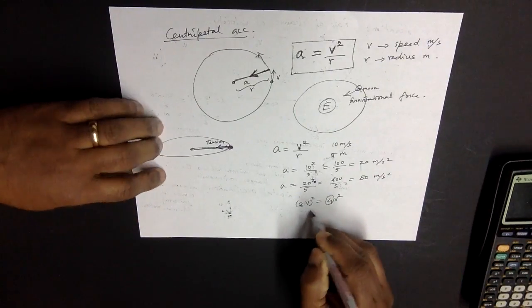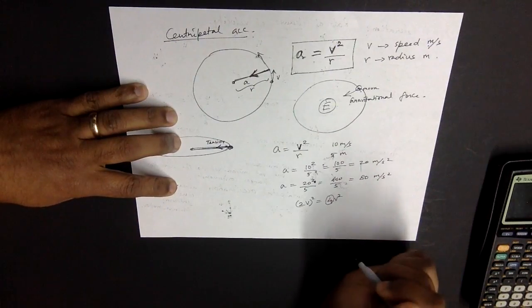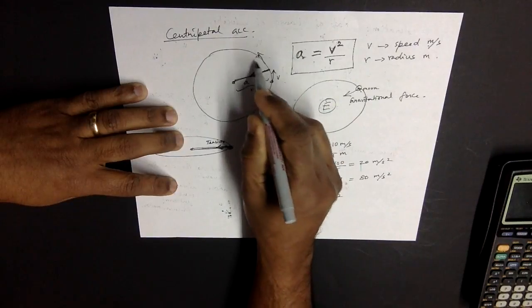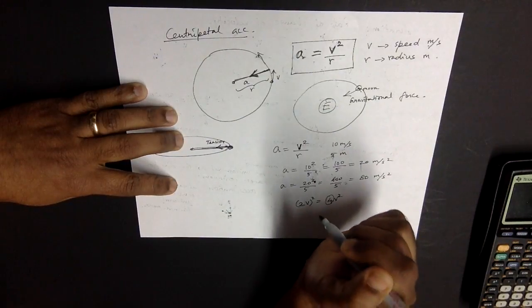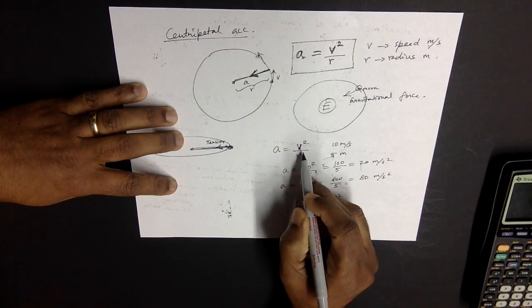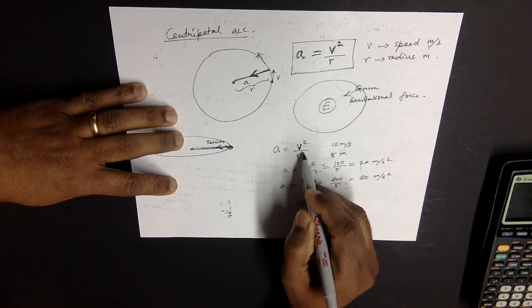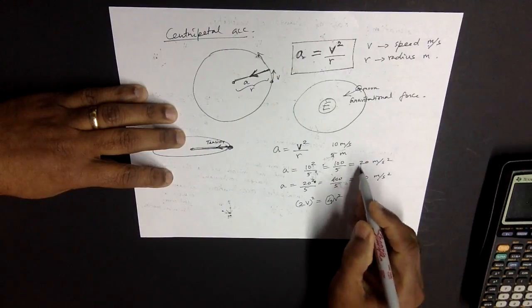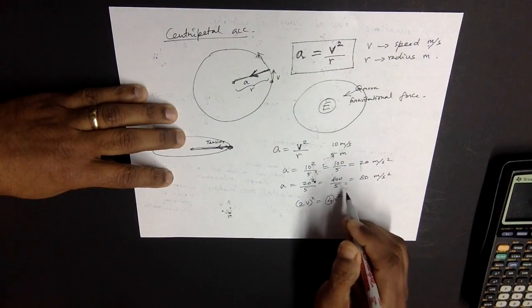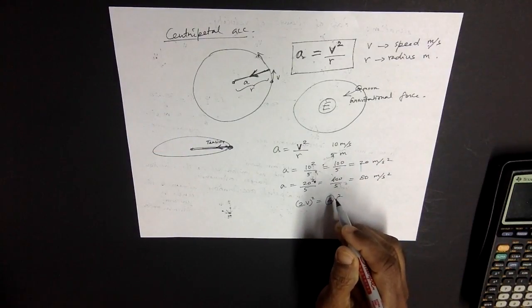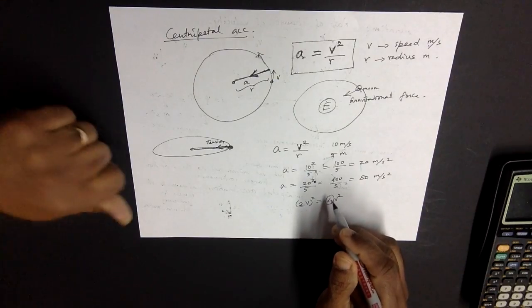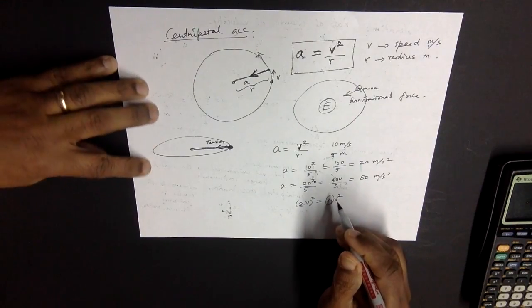So the acceleration depends heavily on the speed. So when you're taking a turn on an icy road, the best thing to do is to slow down. If you slow down to half the previous speed, you're going to cut down the acceleration by 4 times. And depending on the road conditions, you may have to slow down pretty well.